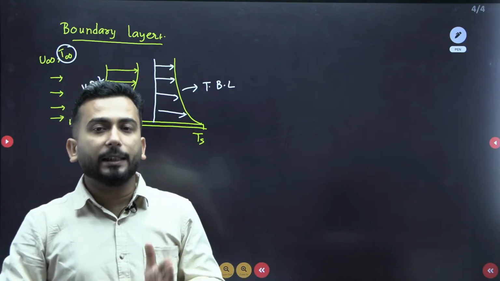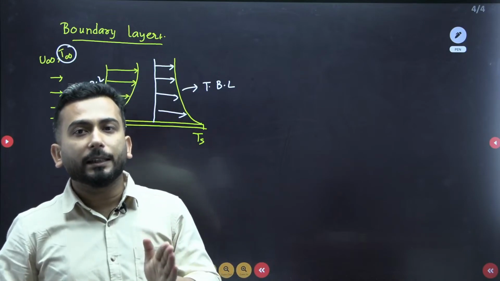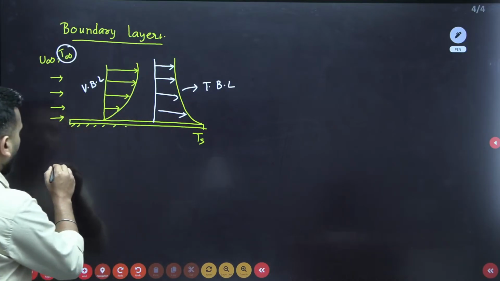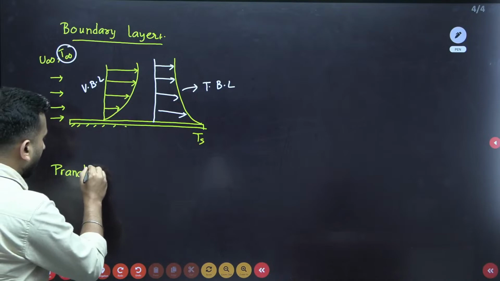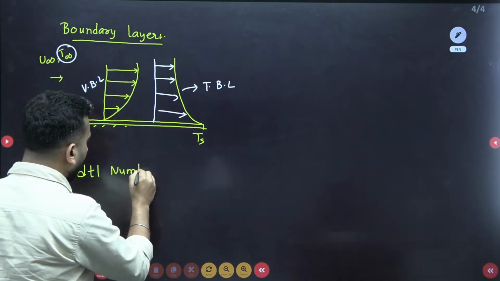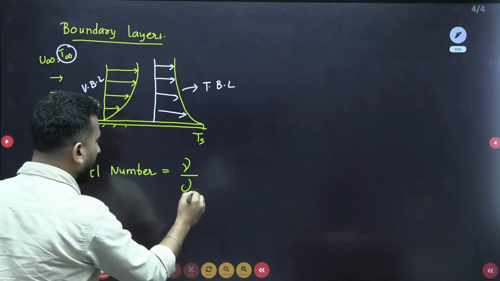So that number which makes a comparison between the two is known as the Prandtl number. So what is the Prandtl number? Prandtl number is given by nu by alpha.